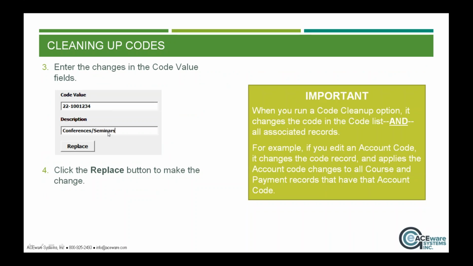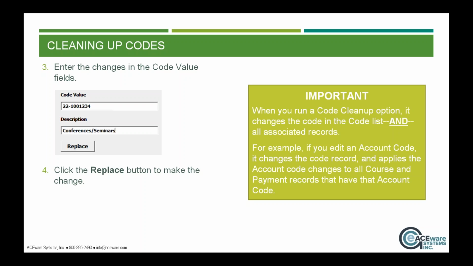Now, one thing to remember, just like when you saw when we changed some things in other areas, if you change something in the code cleanup option, it will change that on all associated records. So if you change an account code, not the description, but the code, it's going to change that code record, and it's going to apply that account code change to all your courses, all your payments that have that code, both the code value and the description.